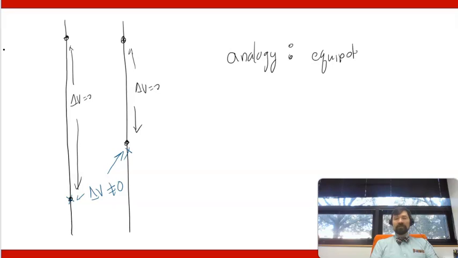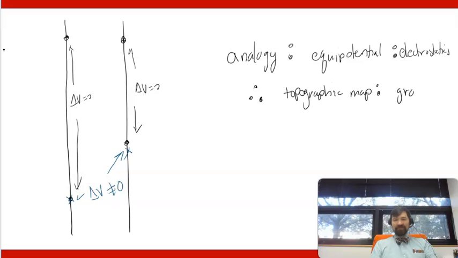These are kind of the equivalent for electrostatics. So we'll write electrostatic here as, let's say a topographic map, whatever you want to call it, is to gravity.